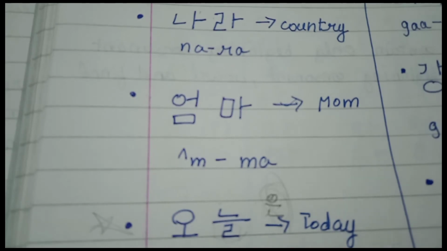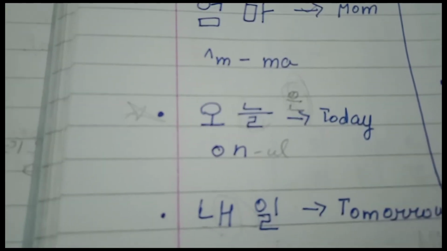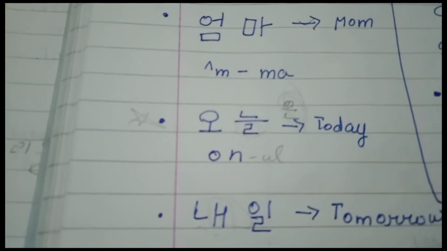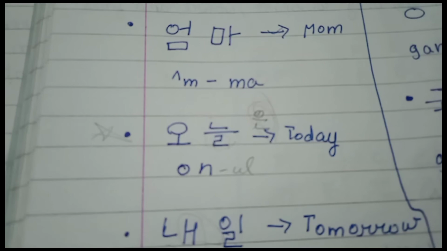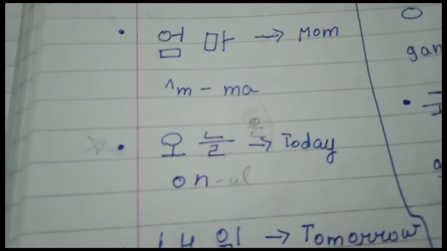But when it's a syllable, then you put ing to make it a syllable. Without ing it won't be a syllable, just a vowel. And then onal. So now this is o null, which means today.